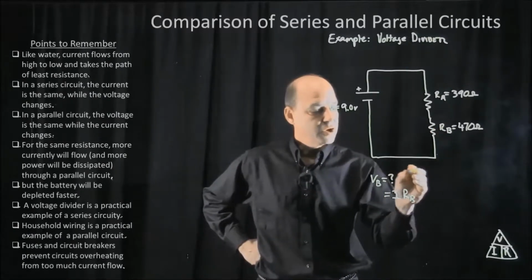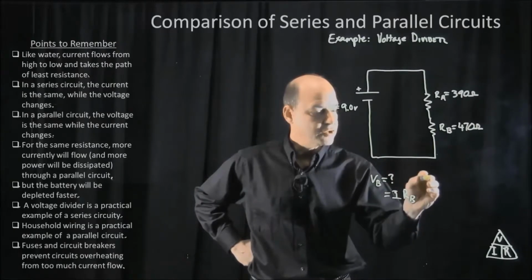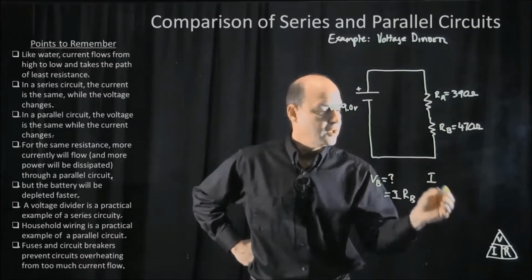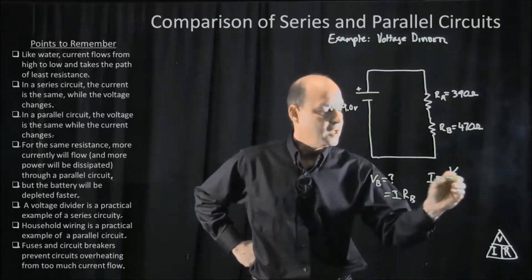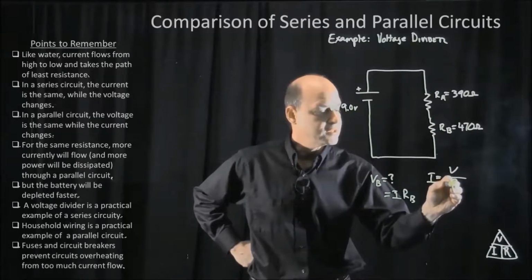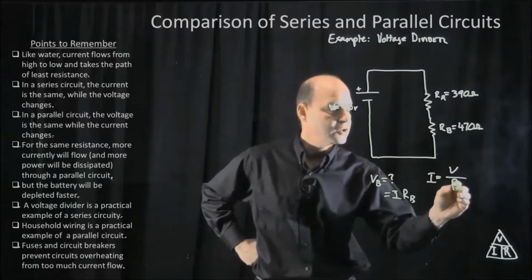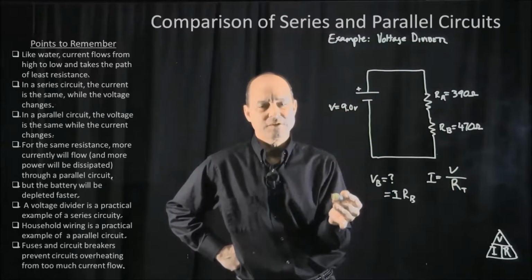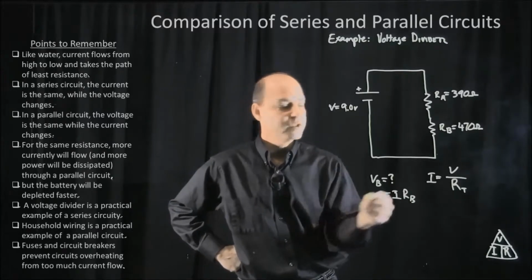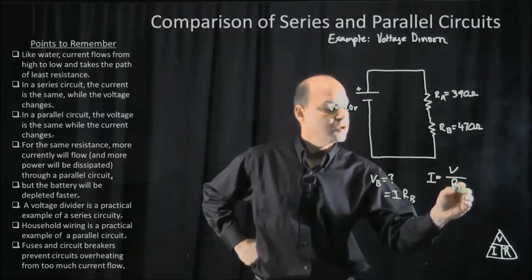The current flowing through the entire circuit, our I total, is equal to the voltage across the entire circuit divided by the resistance of the entire circuit, our R total. I think your book says equivalent. I'm going to use those two words interchangeably: total resistance, equivalent resistance.